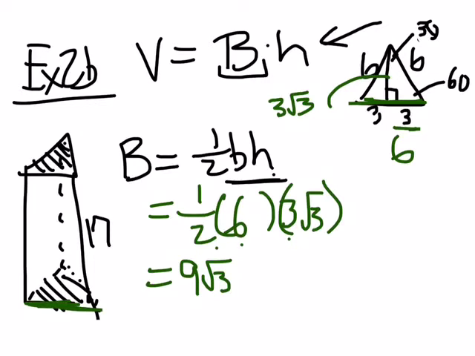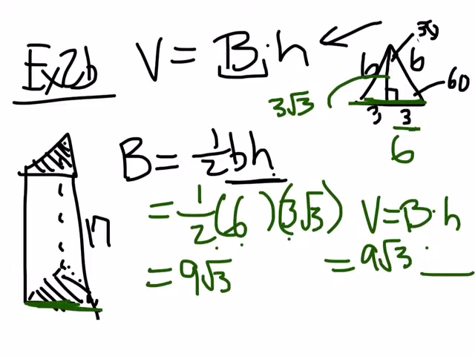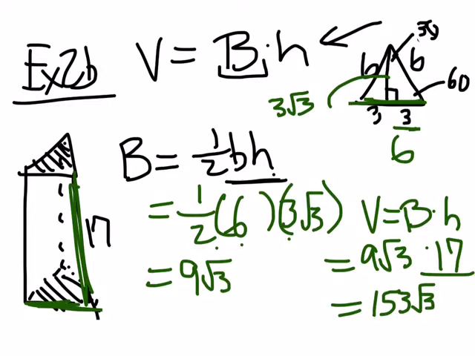What's my volume? Capital B, 9 radical 3, times the height of the prism, 17. In simplest radical form, 9 times 17, 153. And then you can leave the radical 3 in there. Cubic inches.